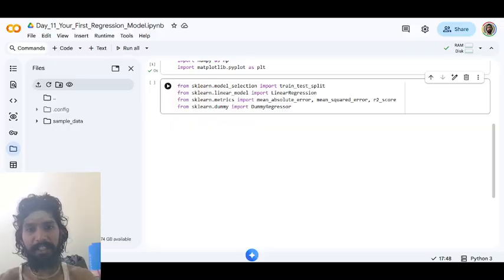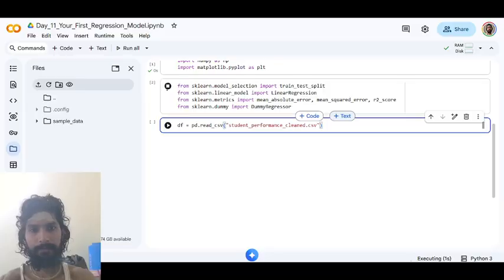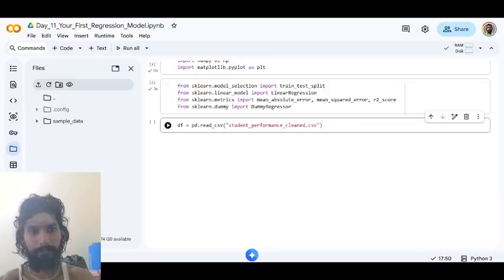Now let us load the clean student performance dataset. So let us use the previous dataset.